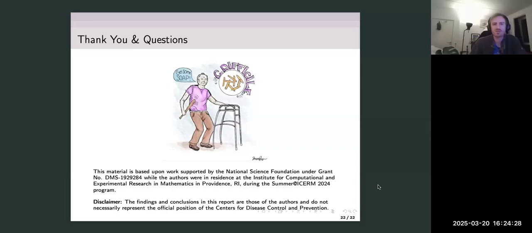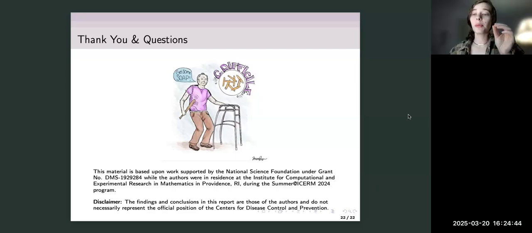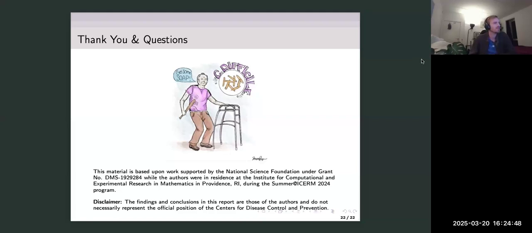So the first question that comes to my mind is how applicable do you think this model would be to other types of surface transmittable pathogens? Could you repeat the last part of your question? Yeah, so you have this model, and I think it's a very interesting model.